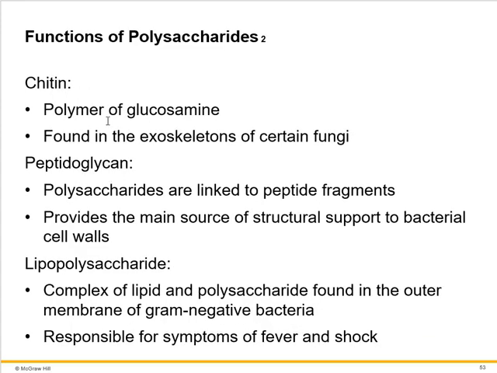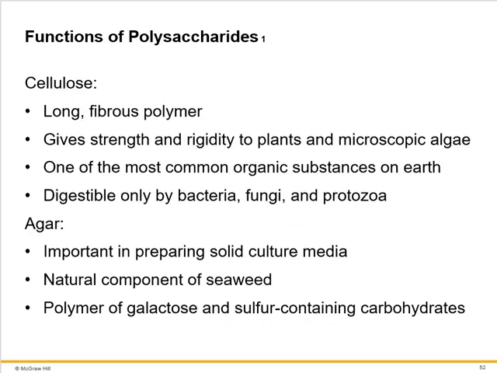Chitin is another, or sorry, we go back here. We have agar. Agar is also a polysaccharide. This is one that's really important, makes our media solid, and it actually is a component of seaweed.